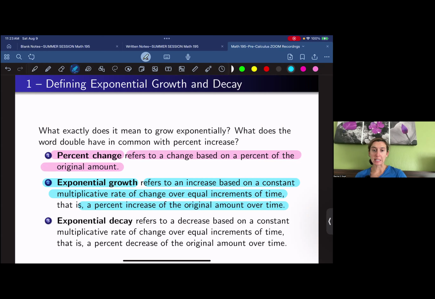We'll really get to see all of these play out with some general formulas in a moment. And then finally, we have exponential decay, which refers to a decrease based on a constant multiplicative rate of change over equal increments of time, which is a percent decrease of the original amount over time.